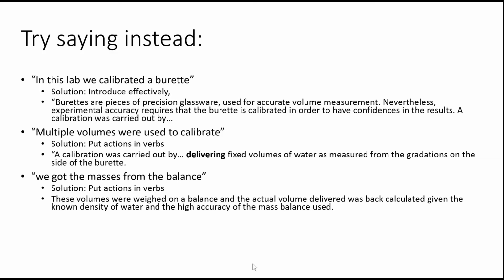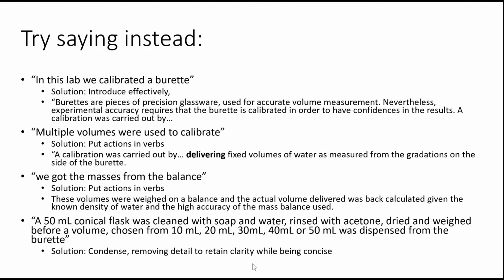Instead of saying "we got the masses," we might say these volumes were weighed on a balance and the actual volume delivered was back calculated given the known density of water and the high accuracy of the mass balance used. Here we're using "weighed" and "back calculated." These verbs tell the reader very specifically what's actually being done, and we can take a clear and concise approach in our abstract.